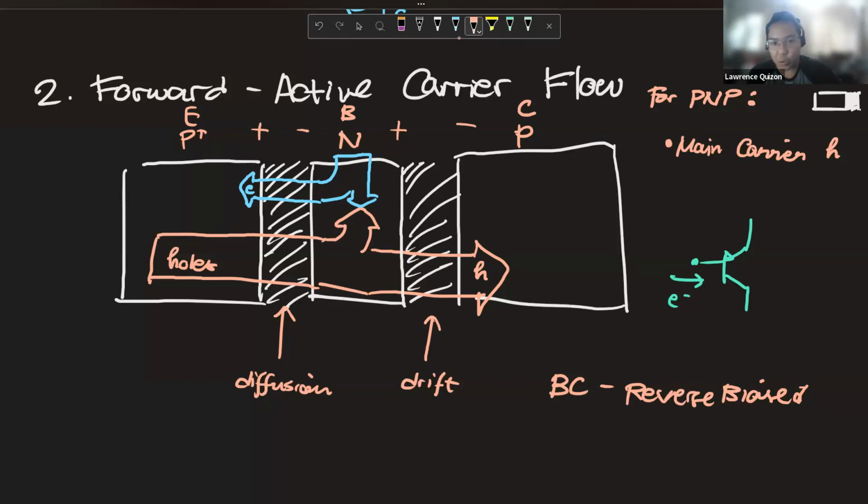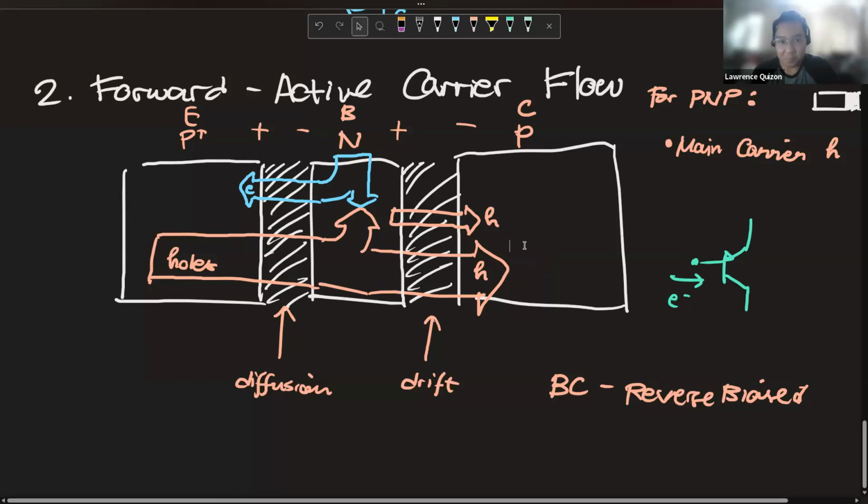This BC junction is reverse biased, which means that we can have a current of holes just from pure coincidence, drift that way, no? Of course, we can't measure this because it's drowned out by that. So it's like the workforce riding the MRT and the people who just want to ride the MRT for fun. I'm sure they exist, but we don't know who they are, and there's much less of them.